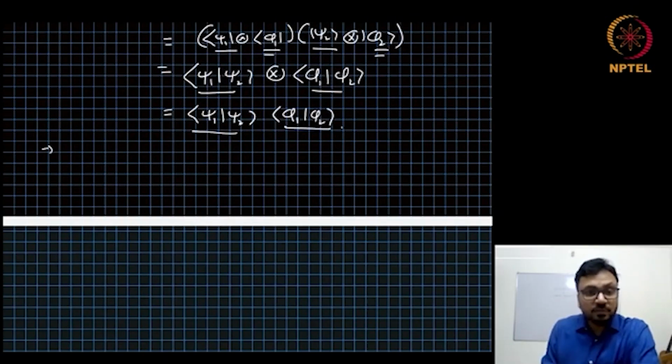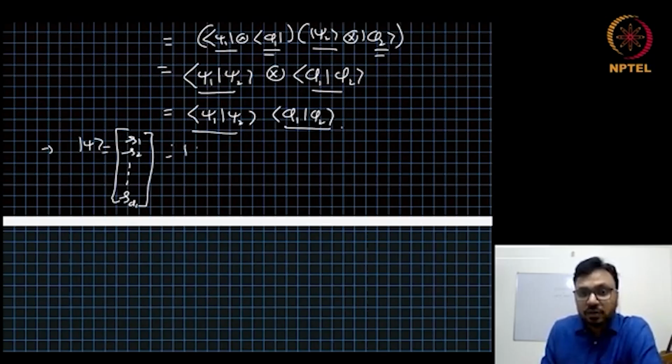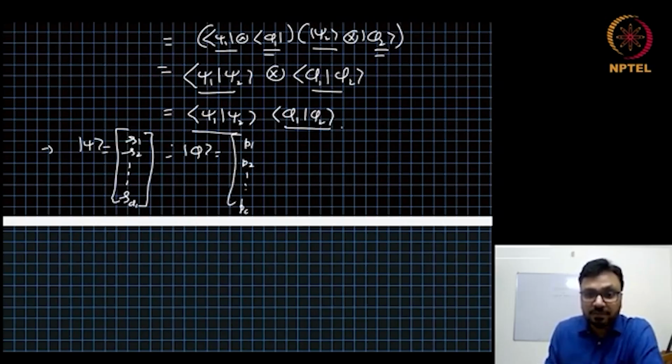Now, what we mean by the tensor product is, let us say psi is a vector s1, s2 up to sd1. Some vector, we are not talking about normalization or anything, it's just a column vector. And phi is another vector, let us say with elements p1, p2 up to pd2, where d1 and d2 are the dimensions of the respective vectors.